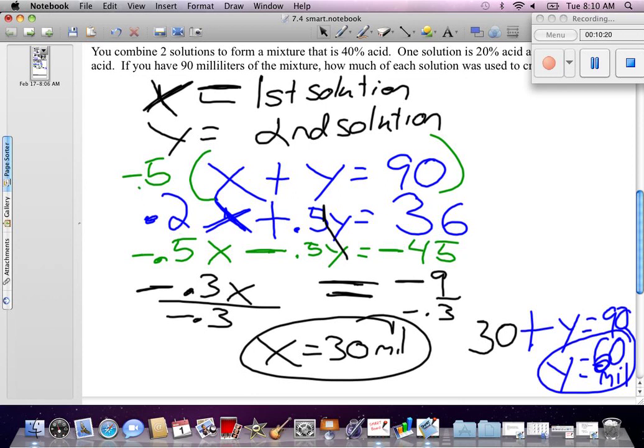And then you plug 30 back in for x, so you have 30 plus y equals 90. Okay.